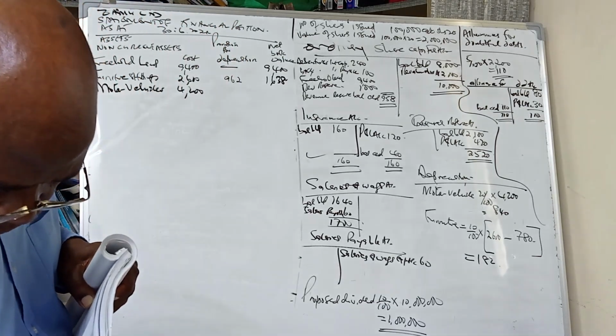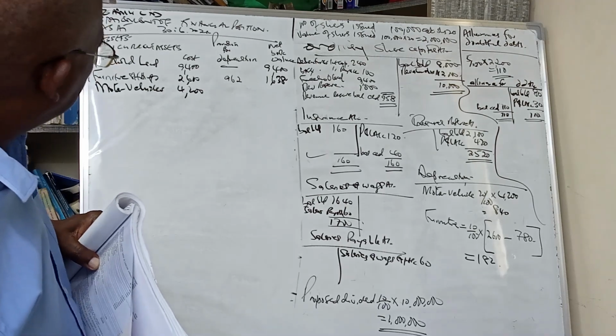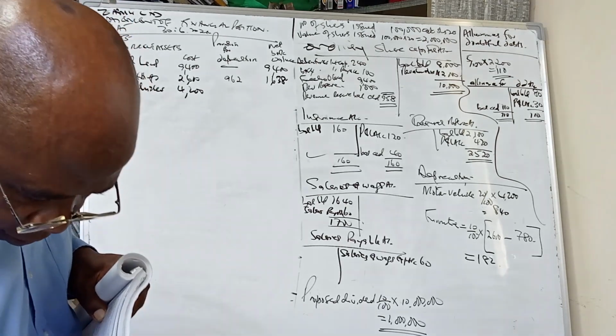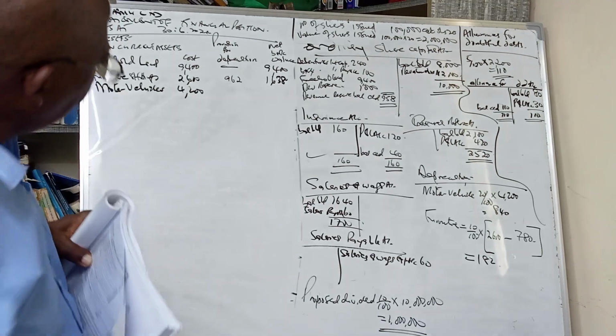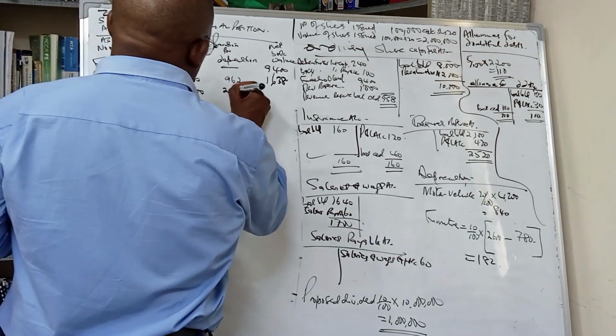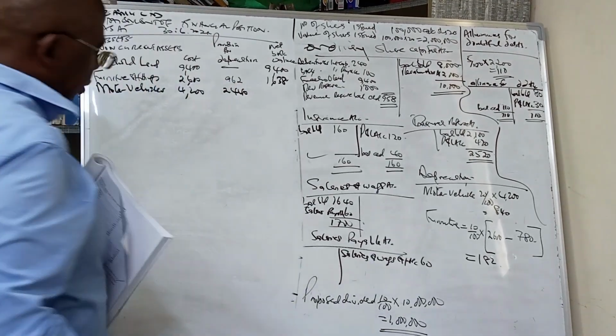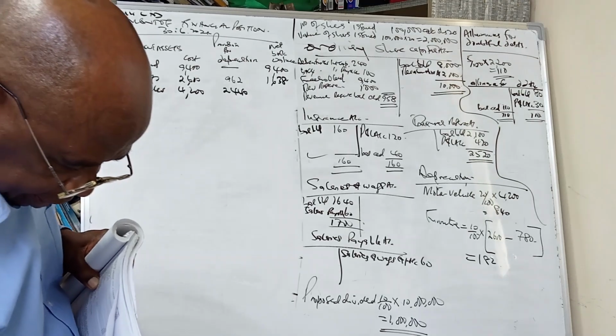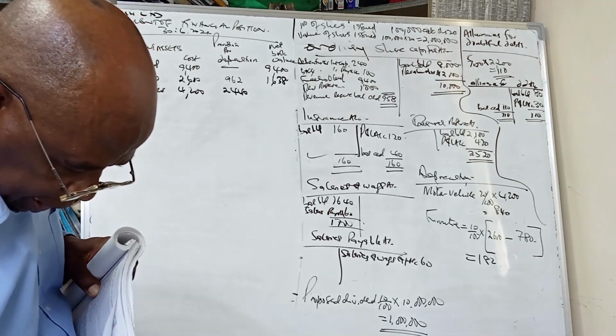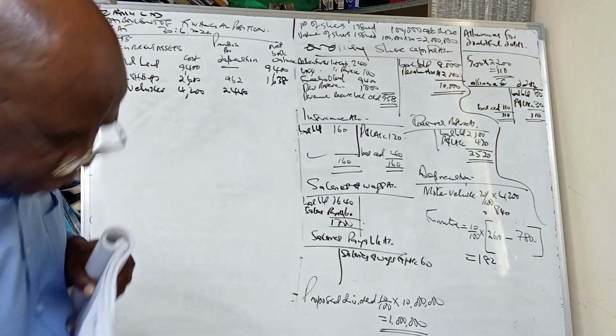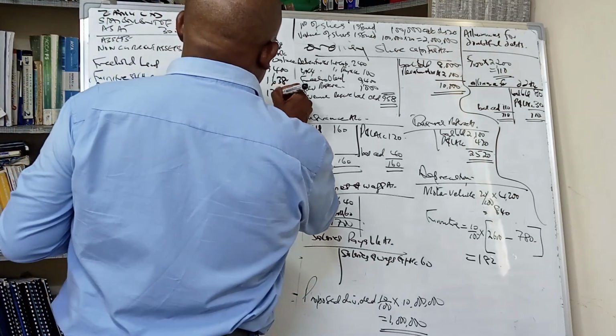So 4,200 minus 2440, we get a figure of 1760.